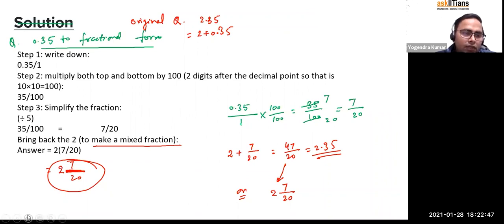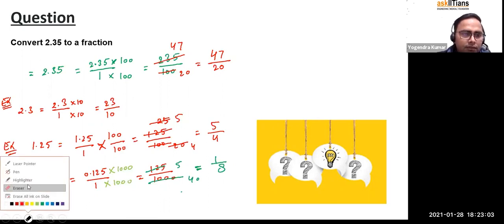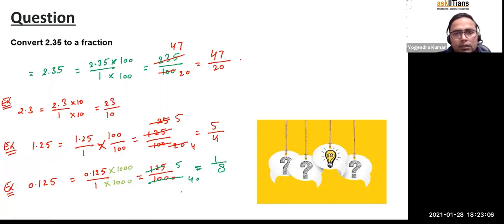You should give the mixed fraction form if it is a mixed fraction, right? If we have seen some mixed fraction before also, we should give the proper answer here. What is the answer we need to give here? We should give the mixed fraction. Means you can write 2 then 7 divided by 20, like this. Okay, let's move on.